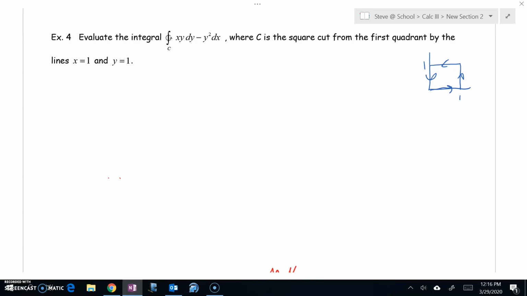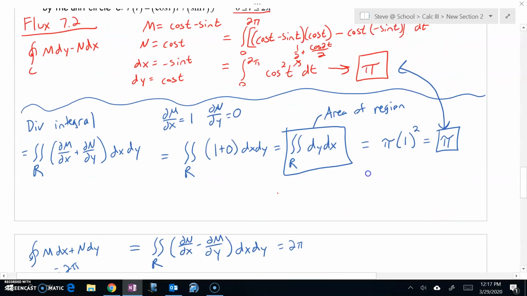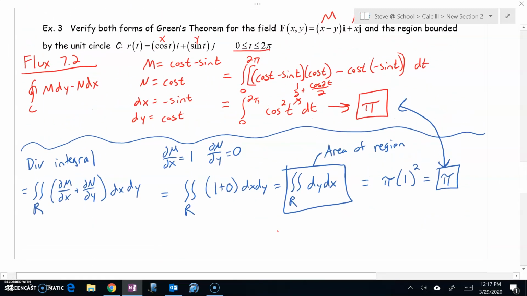So first things first, we have to identify the kind of question this is asking us. Honestly, flux and circulation, if you rewrite them, you can change and manipulate it so that it works for what you want to do. By looking at this one, I have something dy minus something dx. Well, if I look up here, the flux integral is m dy minus n dx.